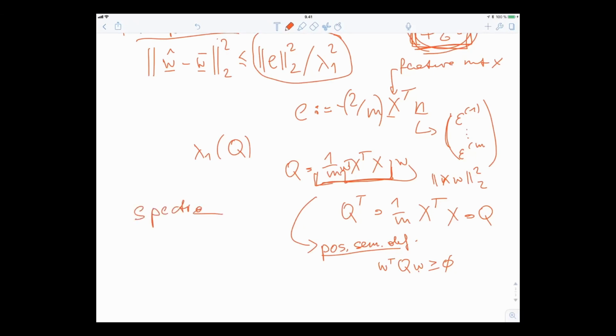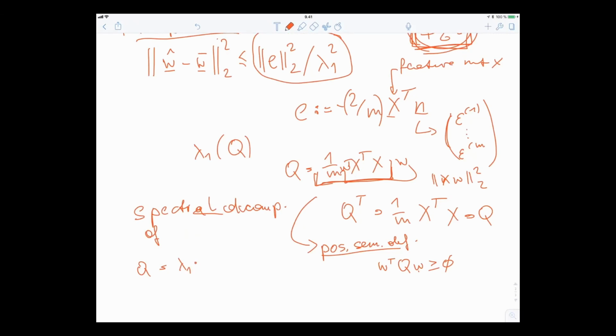Spectral decomposition of Q is, we can write Q as a sum of weighted rank 1 matrices.